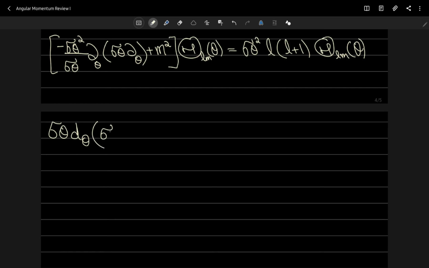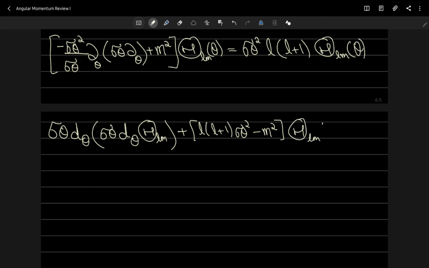And we have sine theta times the derivative with respect to theta, and our function, I don't have to keep writing that, it's a function of theta, plus l(l+1) times sine squared theta minus m squared, times Θ_lm as a function of theta, is equal to 0.